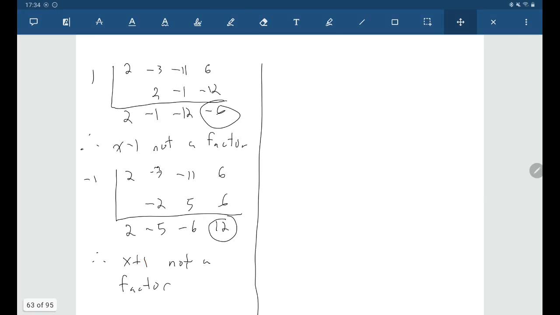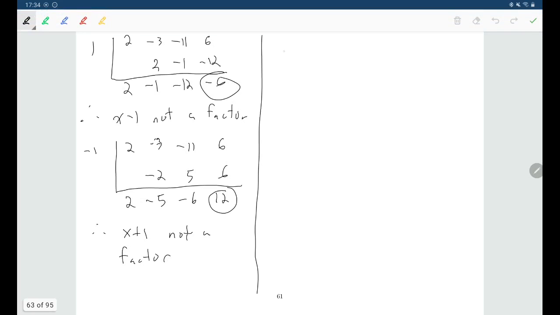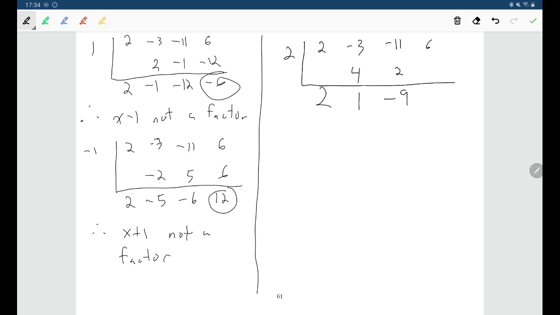So I'll do positive 2 first. So bringing down and multiplying and adding and multiplying and adding and multiplying and adding. And again, the remainder's not 0, so that means x minus 2 is not a factor.